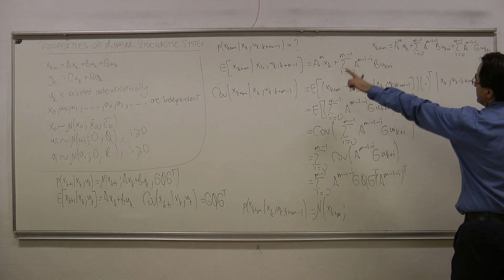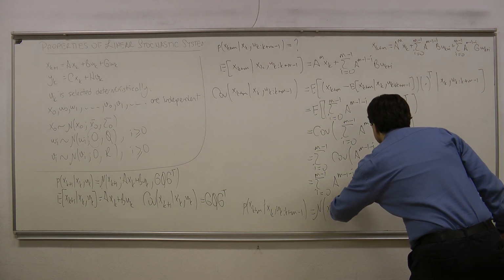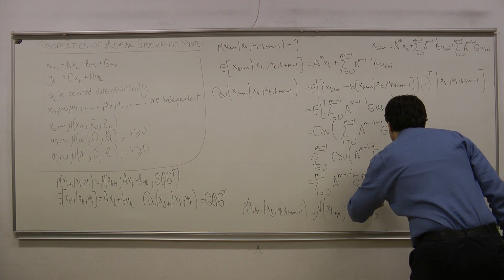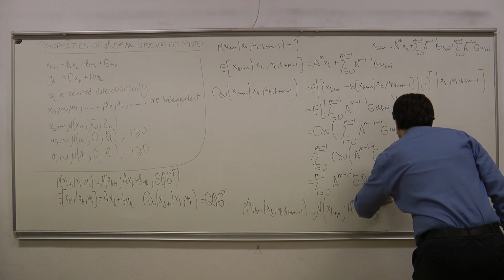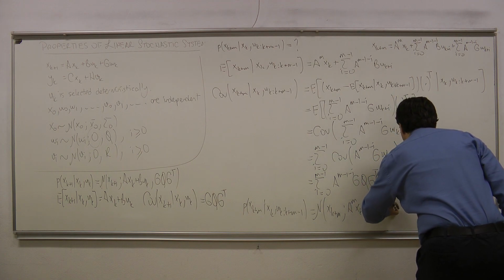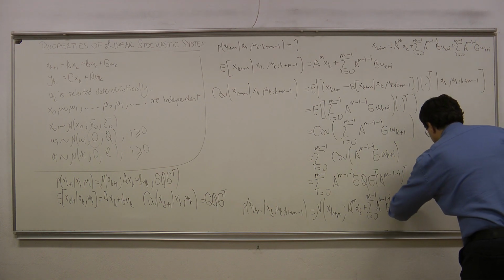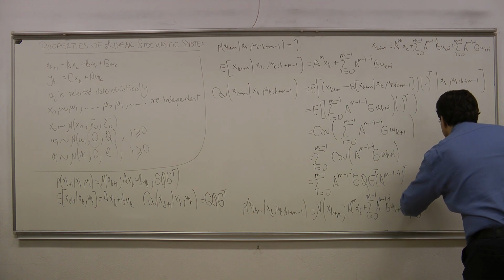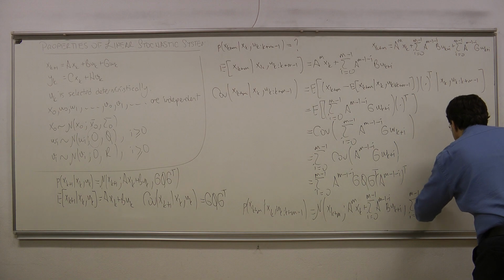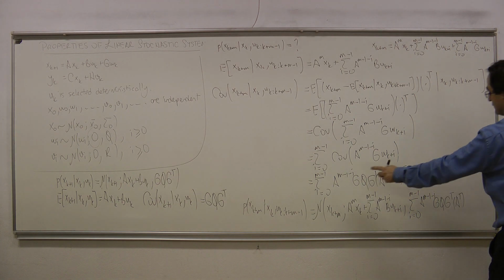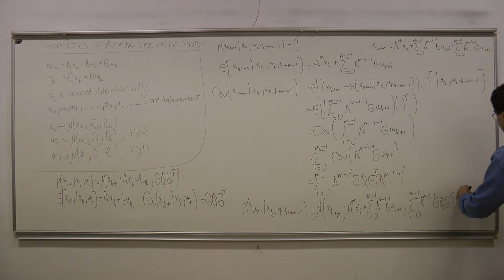The mean is going to be this thing: A^m x_k plus the sum of A^{m-1-i} B u_{k+i}. This is my mean, and the covariance is going to be just this. Here I will show you that transpose and the power can always be interchanged.